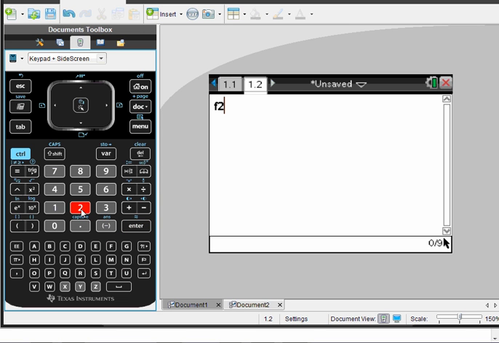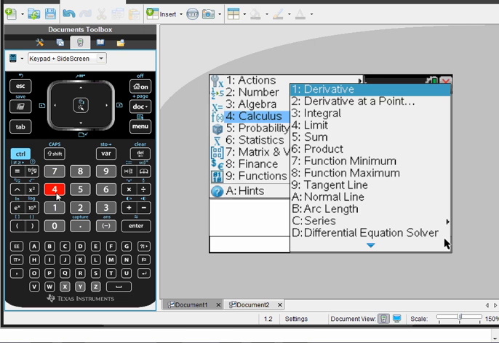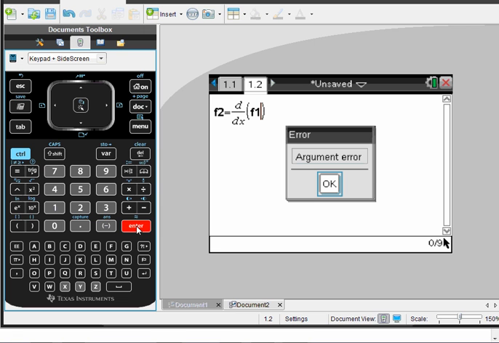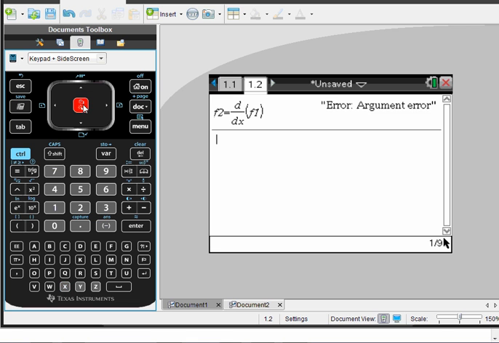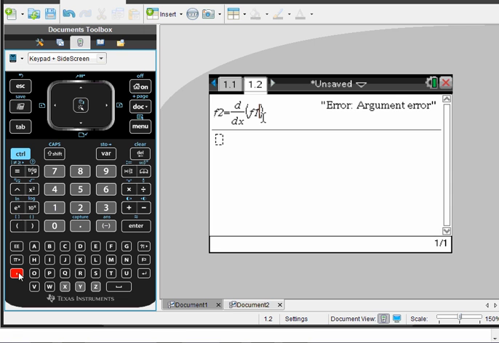We're going to try this. I'm not very good. Equals. Now I can get this off my calculus menu. And I want f1 there because I don't want to type it in. Okay, comma, x. I don't know if that's going to do it.